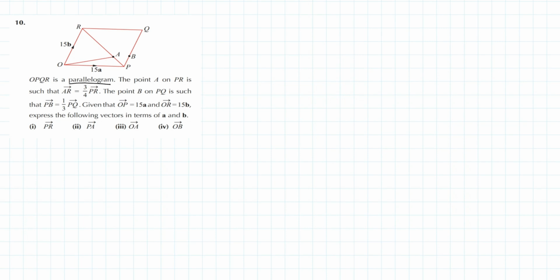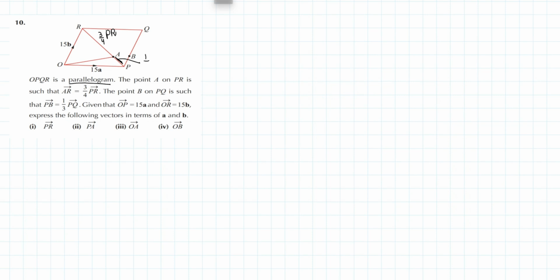It means if AR is 3 upon 4 PR, then AP is basically what? 1 upon 4 PR.